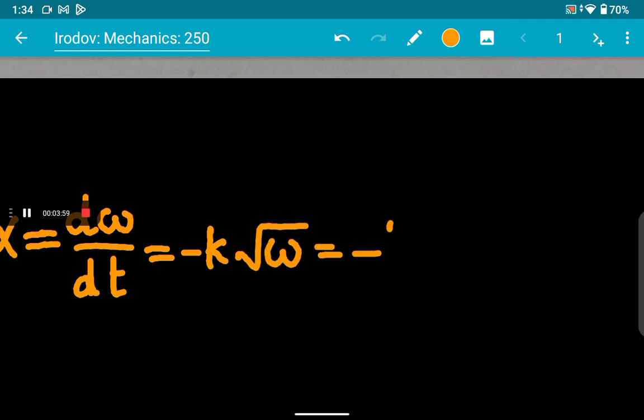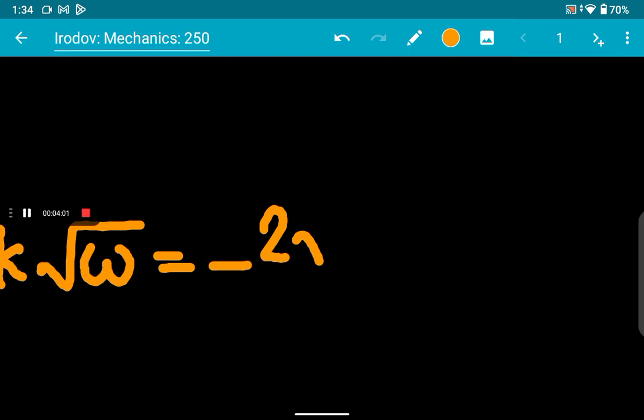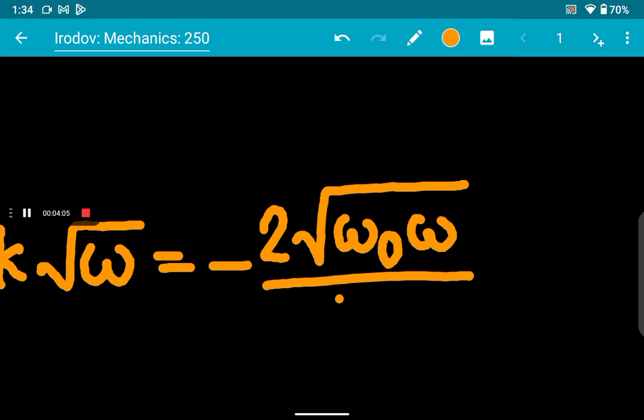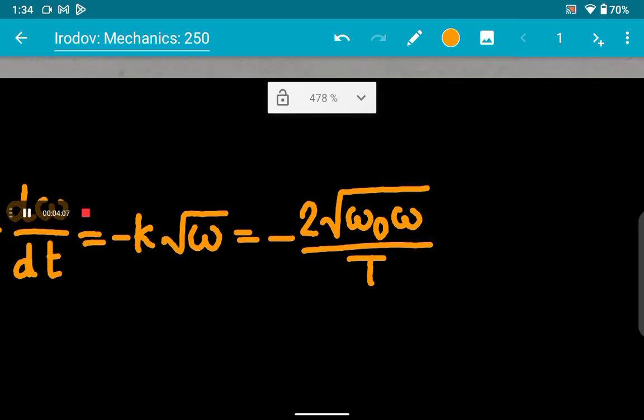So this will be minus 2 into root over omega naught omega divided by T. So we have our first part done.